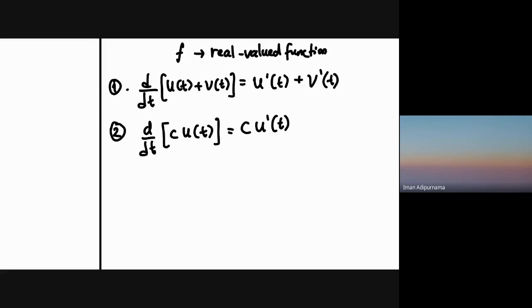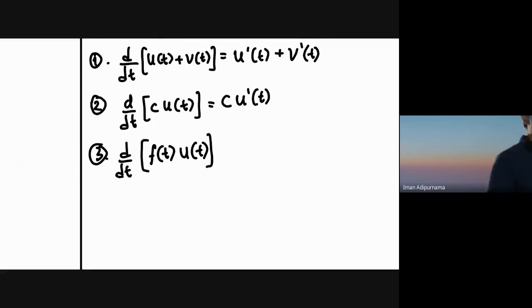A scalar is just a scalar. And the third one, if you have a function and you have also a vector function, you multiply both of them. Now what you can do is apply the product rule.